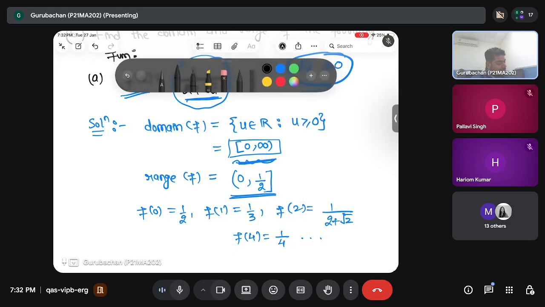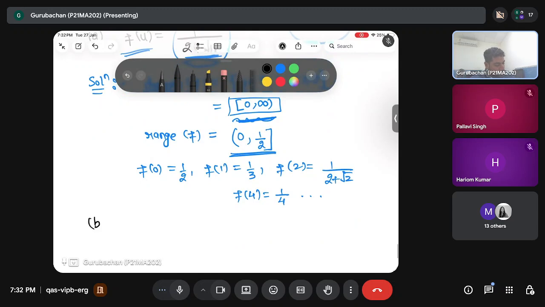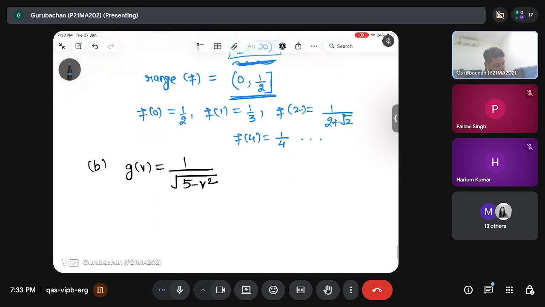Now you have to do the similar thing in this function, 1 by under root of 5 minus v square. What will be the domain of this g?